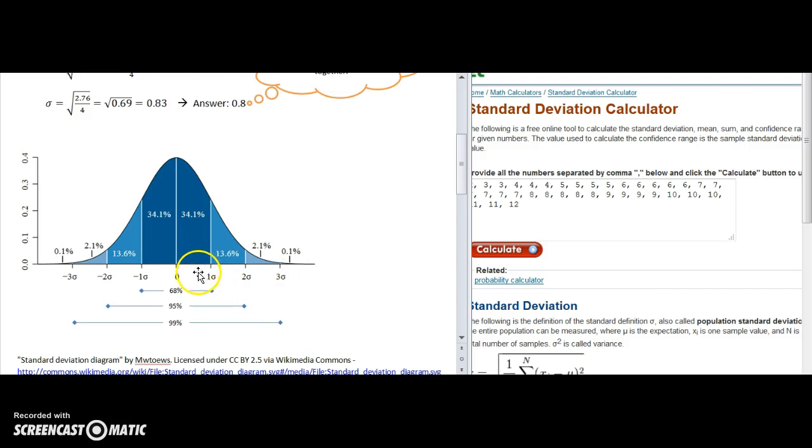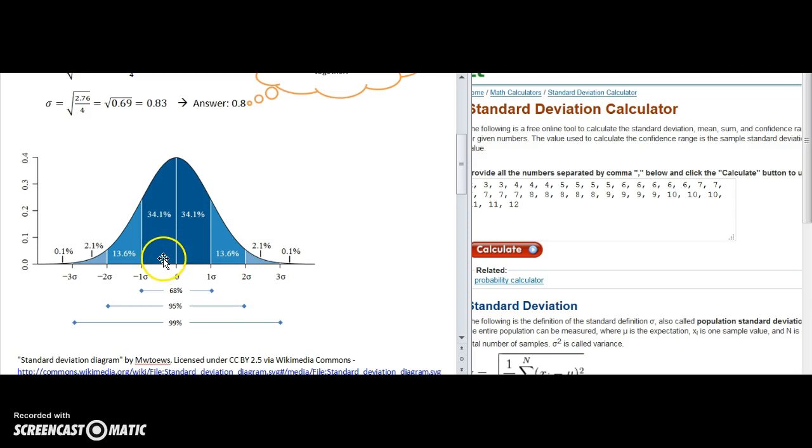Now, if you take a look at the dark blue area and add those 34.1% together, you get about 68%. In a normal distribution, the data values that are 1 standard deviation below or 1 standard deviation above the mean usually accumulate to about 68% of the data.